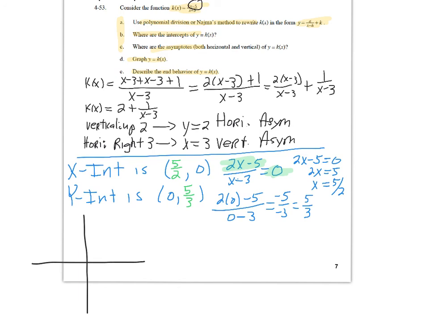My vertical asymptote happens to be at 3, and my horizontal asymptote is at a positive 2.